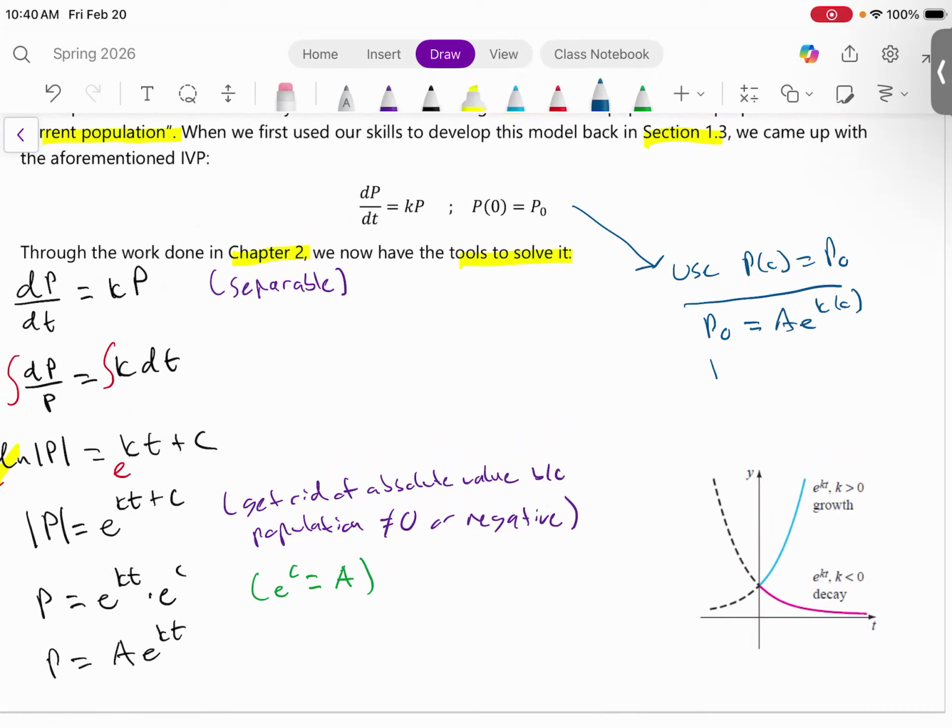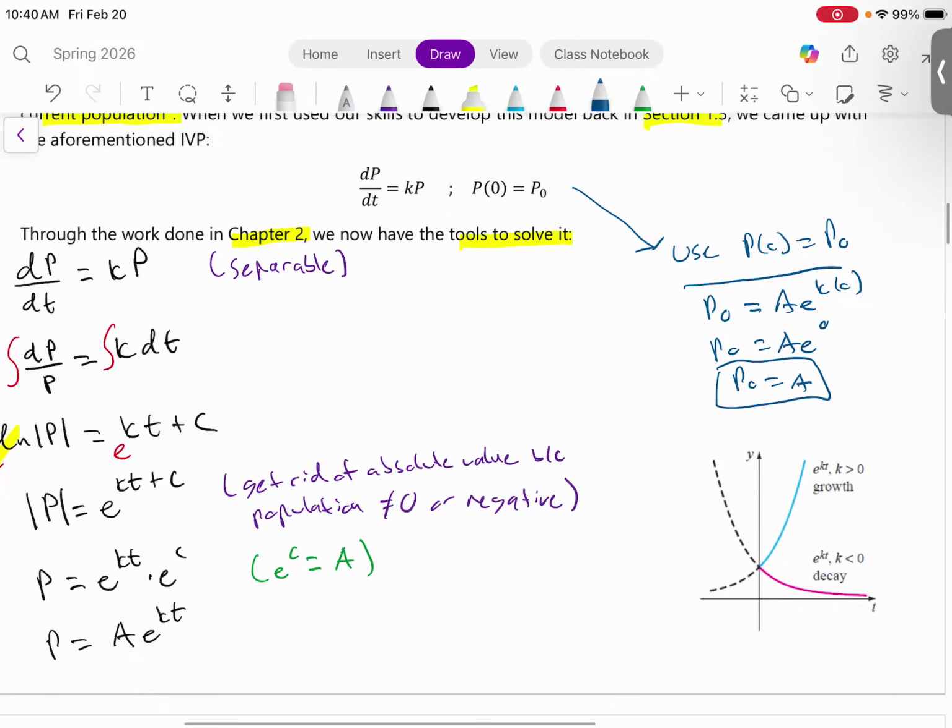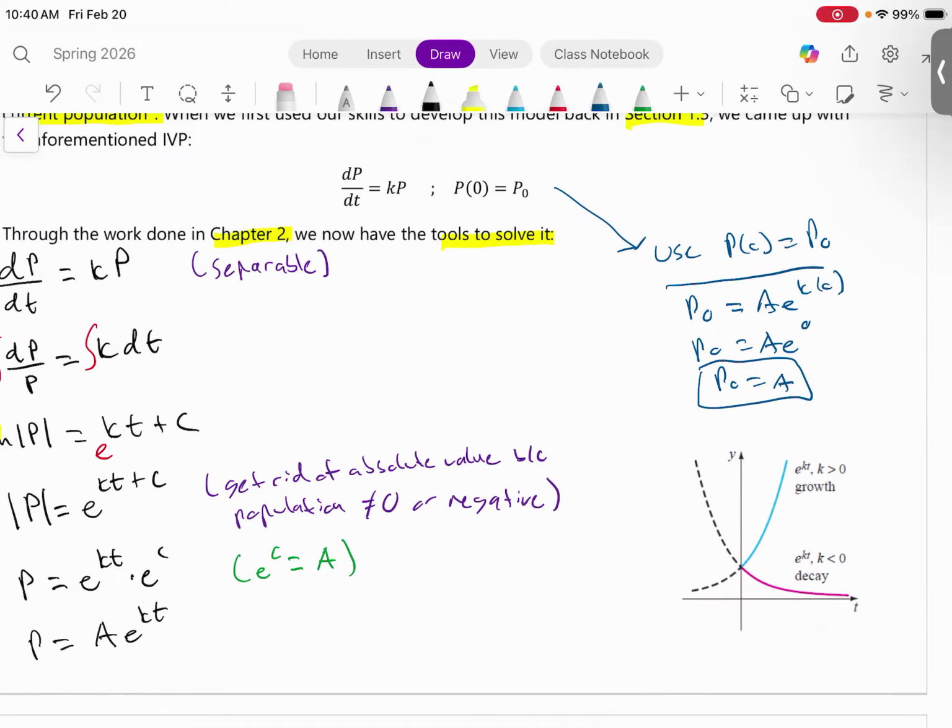And this would be P naught equals A e to the zero, and e to the zero is just one. So P naught just equals A. Therefore, the solution is P of t equals P naught, our initial population, times e to the kt. And that is our solution to growth and decay.